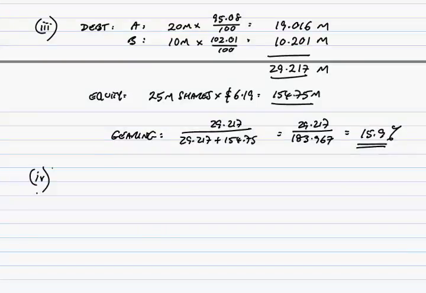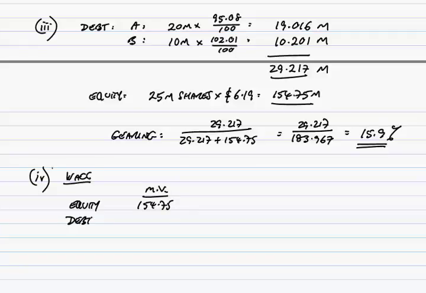Finally, for part C, 4, the weighted average cost of capital. Well, we've done most of the work here. Because remember, for the weighted average, we weight the individual costs by the total market values. So, equity, the total market value is 154.75.